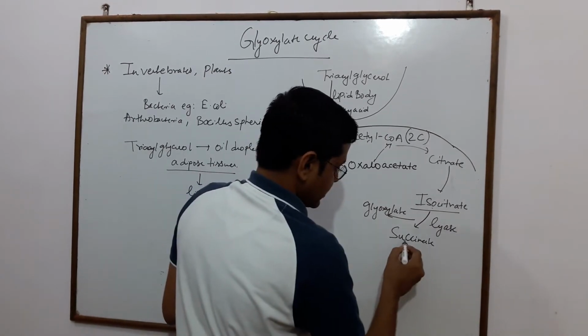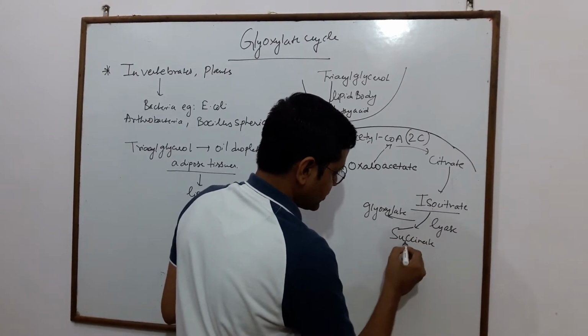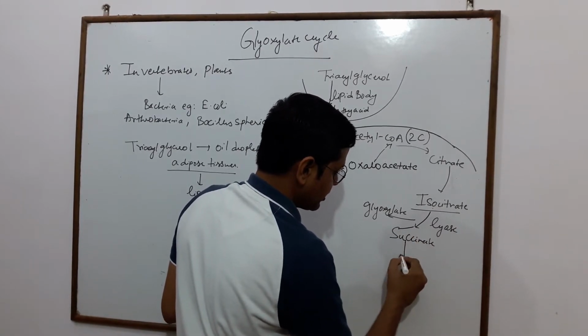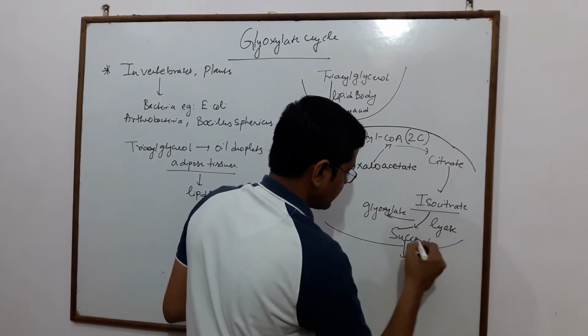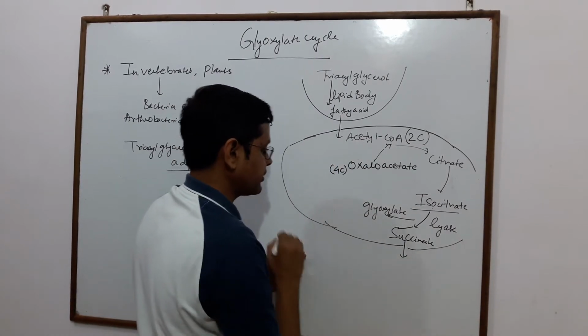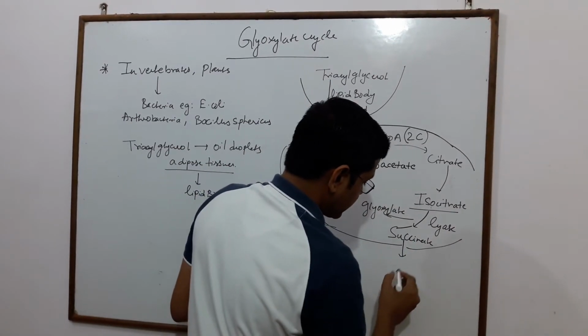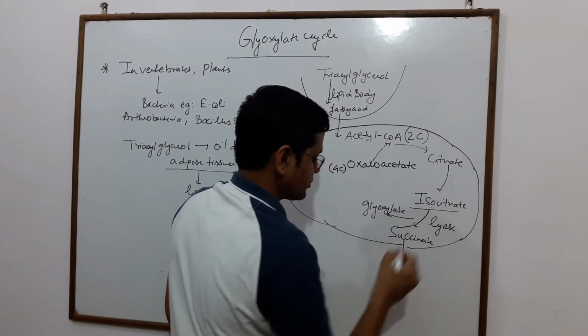Now this succinate diffuses from the cell organelle glyoxysomes. This is the outer boundary of the glyoxysomes.